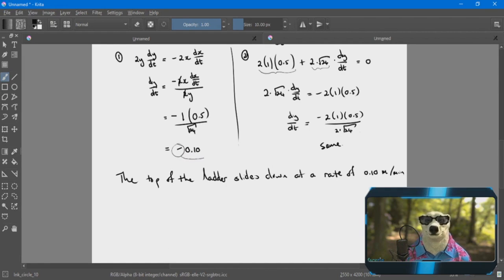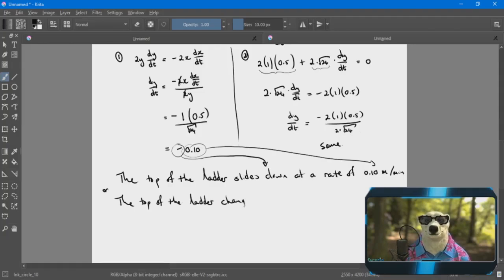So you can either separate this negative and give the appropriate word to it, and then put the number over there, or you can say the top of the ladder slides at a rate of negative 0.10 meters per minute. You can choose which one you want.